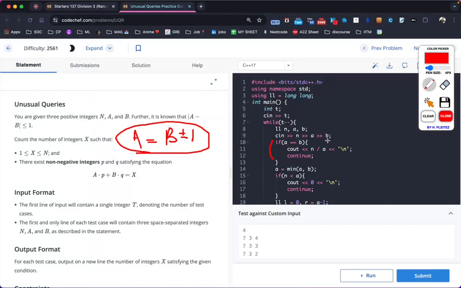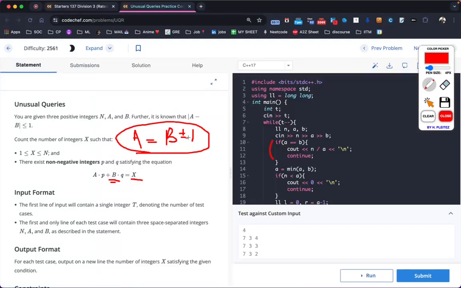Now if a is lesser than b, it is of no use. Why? Because x is determined by the maximum coefficient of the linear equation. So just get the maximum of a and b and store it in a. If a is less than b, then store the value of b to a.